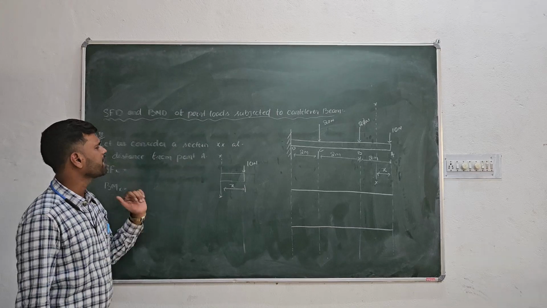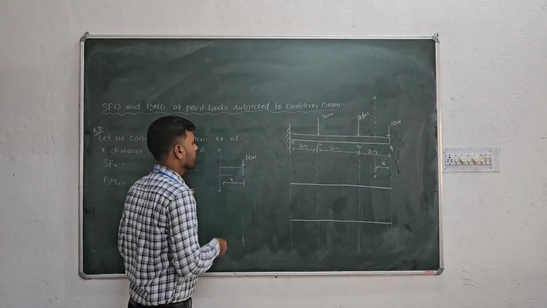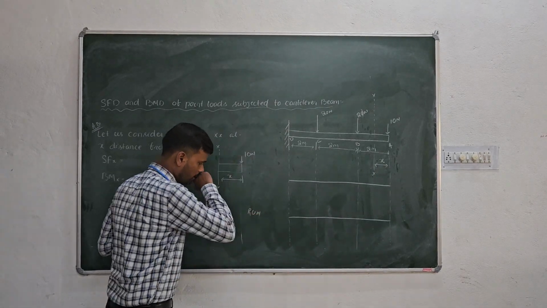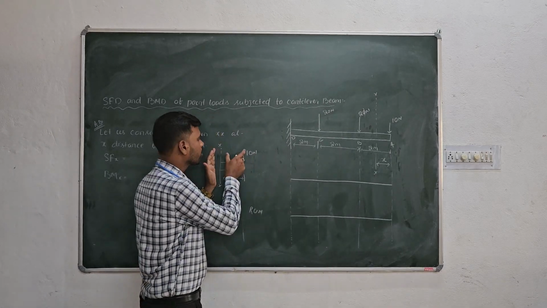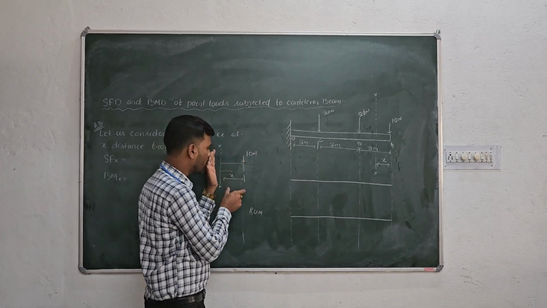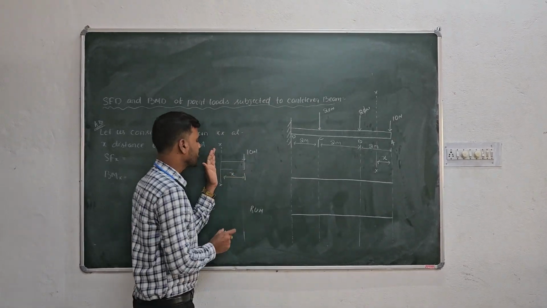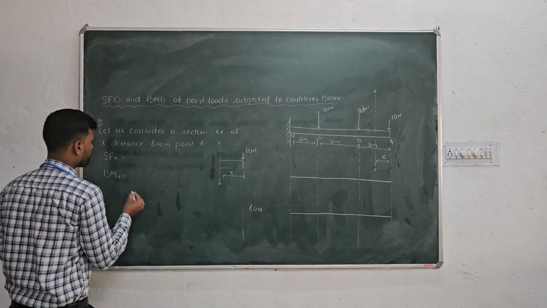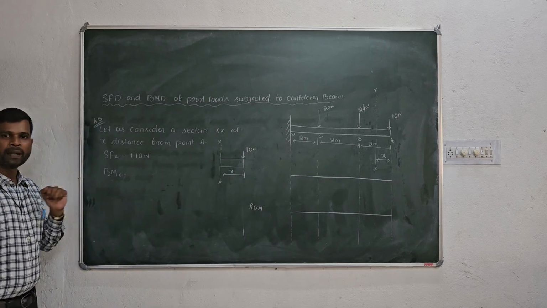So what will be the SF at x? See here, how much load is acting there? 10 Newton. And I told you to consider the right side: if the right side is going upward, that will be negative. This is the right side of the beam. Because of this 10 Newton, this portion of the beam will definitely go downside because the force acts downward. That means the right side of the beam goes downward, so this will be positive: plus 10 Newton. And what will be the bending moment?